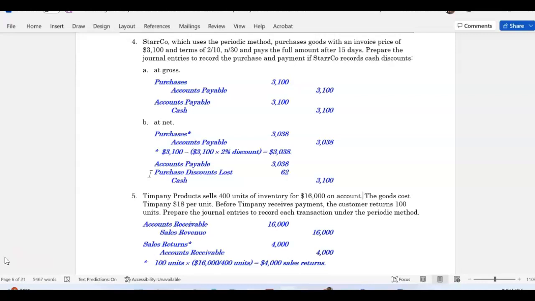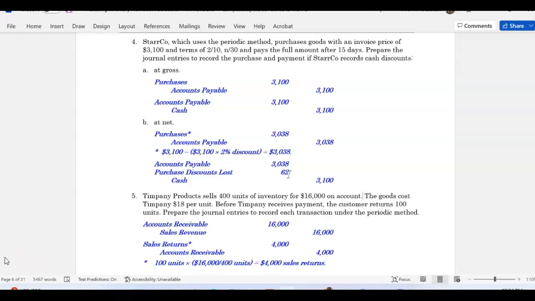Net purchase is purchase minus purchase discount minus purchase returns minus purchase allowances equals net purchase, plus freight in plus purchase discount loss. So this purchase discount loss will be added to purchase down the road to increase the amount of purchase that you did. And technically it was the discount that you lost, but you have to add it to the net purchase.